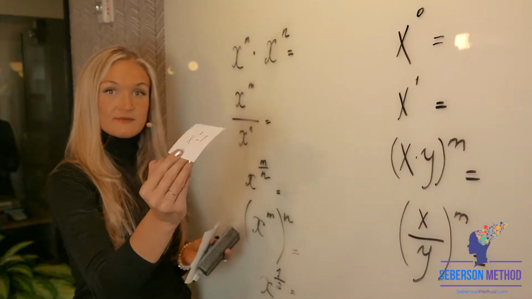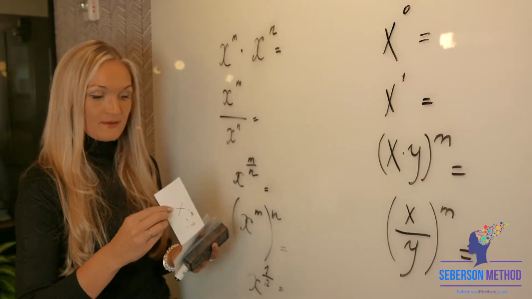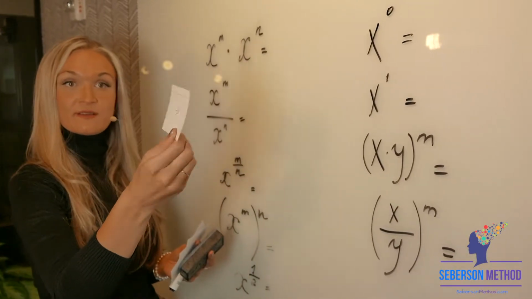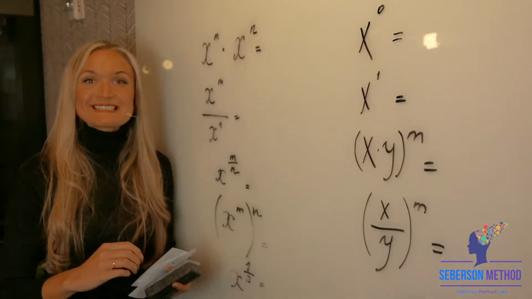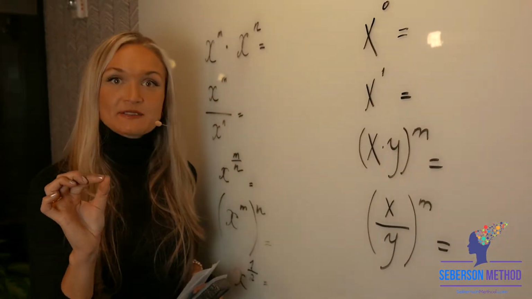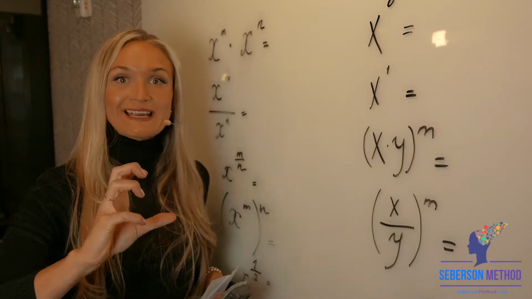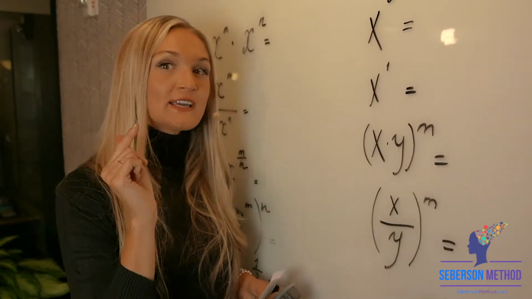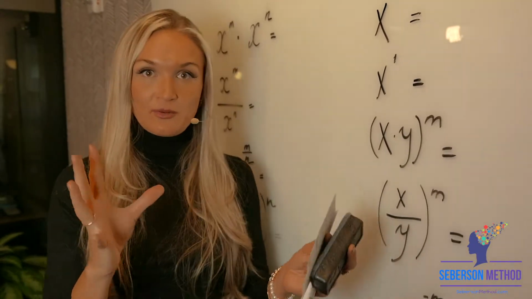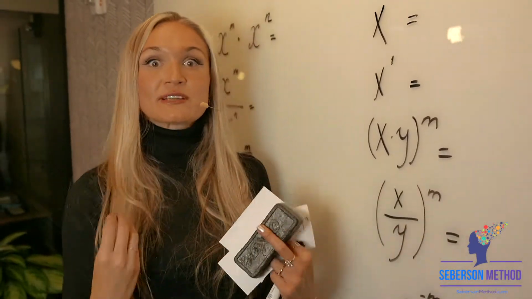So question, answer, question, answer. By practicing with these types of flashcards, your brain is developing the muscle of looking up a fact or a question and then retrieving it from memory.